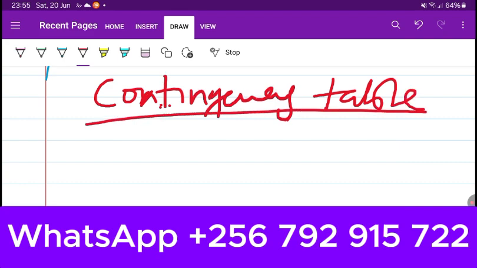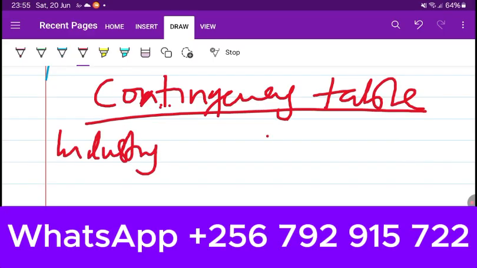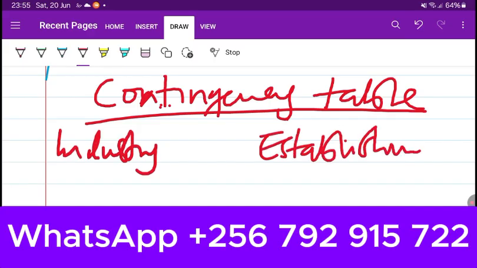This can be, of course, maybe the industry, then establishments. Of course, we find that this data is going to be divided. Maybe you can put the industry down here.